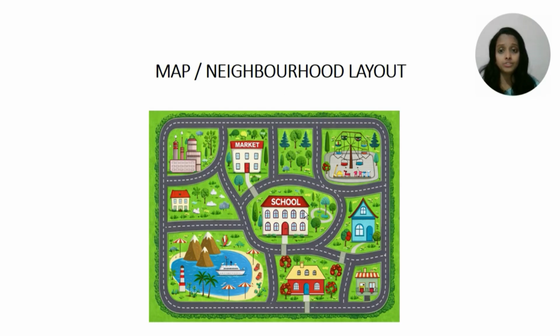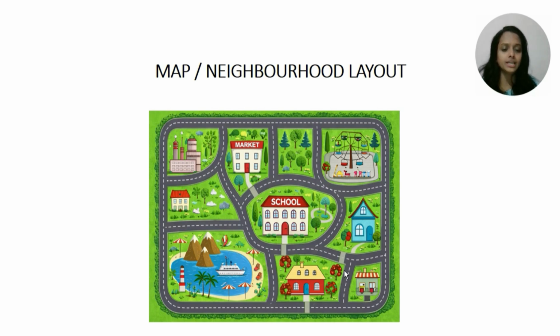To the north of the school, there is a market and an industrial building, along with several green spaces indicating a mix of commercial and open areas. On the western side, the map shows a scenic lake surrounded by mountains, a beach, and a small boat, suggesting a recreational or tourist friendly zone.